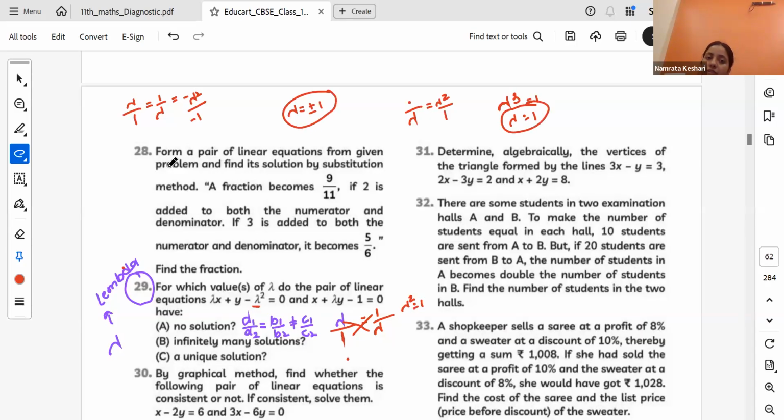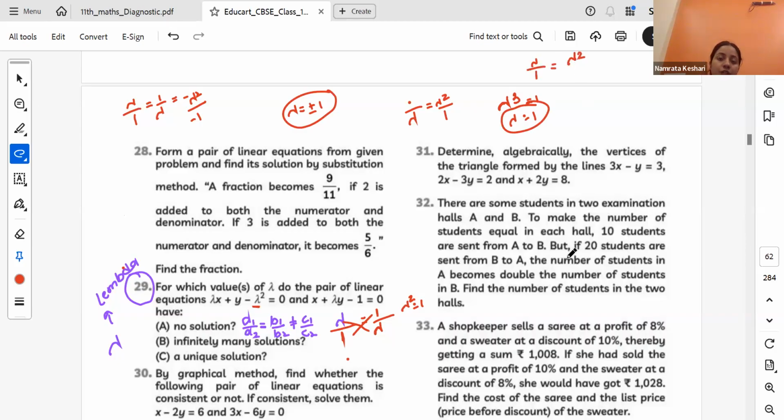If you compare the first and the last one, you will get lambda by 1 is equal to lambda square by 1.